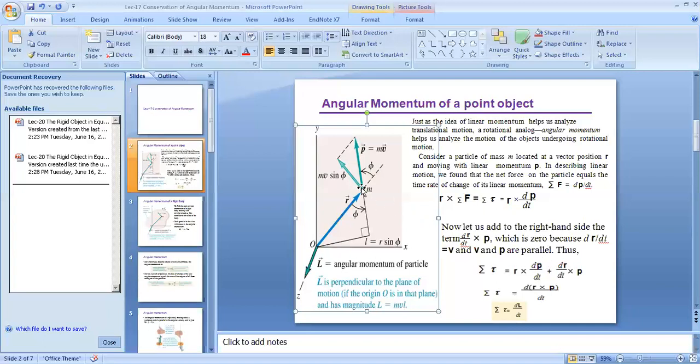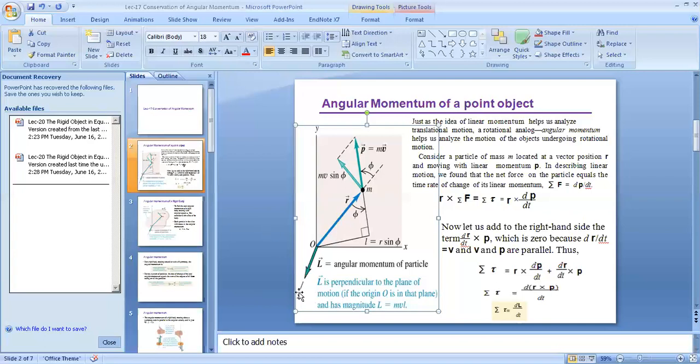One thing to be noted here: if the rotation is counterclockwise, angular momentum will be along the positive z-axis.